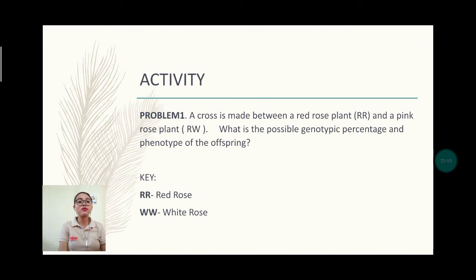What is the possible genotypic percentage and phenotype of the offspring? Same process, we're going to use a key in order for us to easily solve the problem using a Punnett square. Double big R indicates a red rose, double big W indicates a white rose.